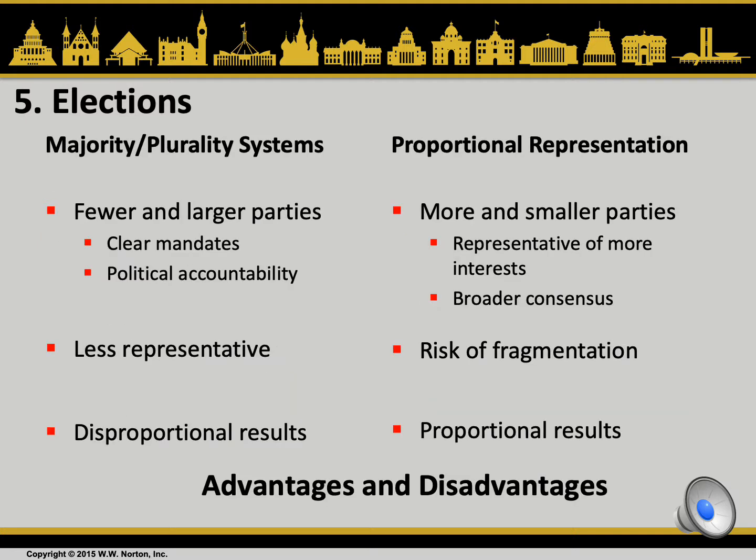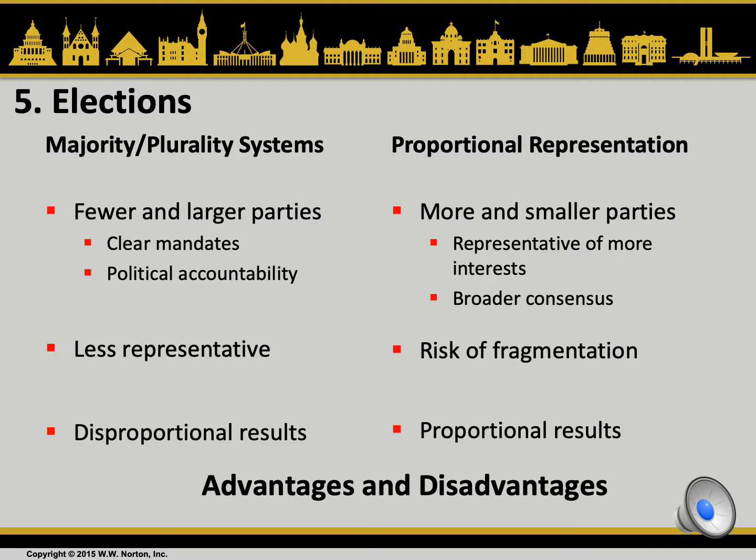In general, we can see some of the advantages and disadvantages of the majority/plurality system, which is also known as first past the post, and the proportional representation system. The plurality system generally involves fewer and larger parties that are probably more organized, have more accountability within the parties, and the system allows for clear mandates depending on if there's a runoff system or not.